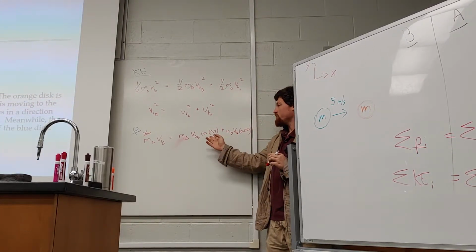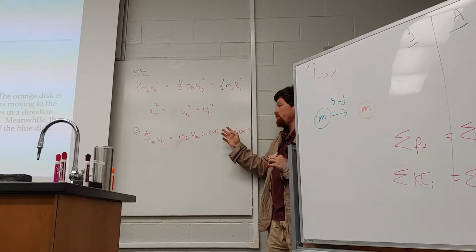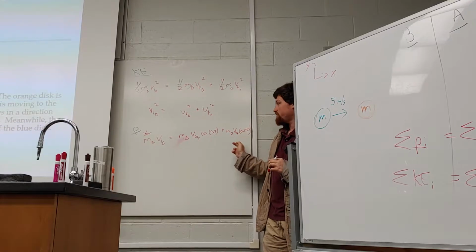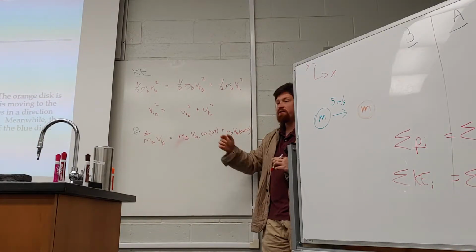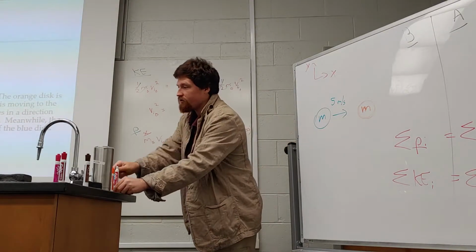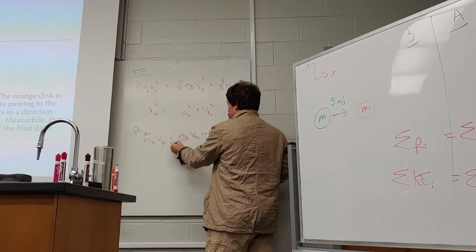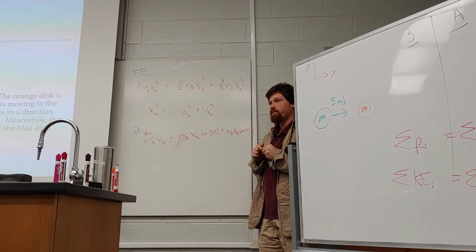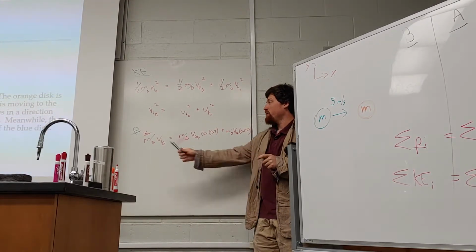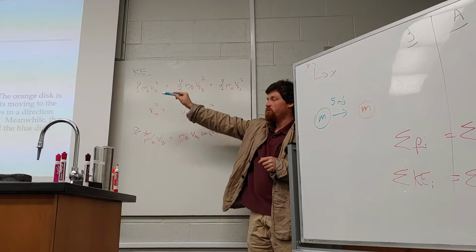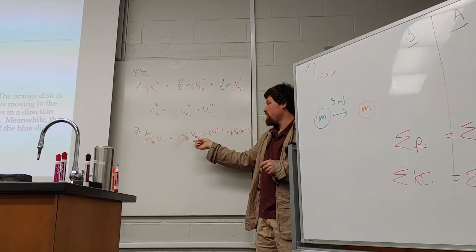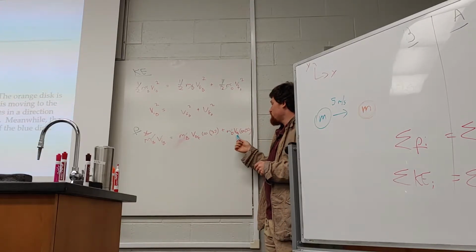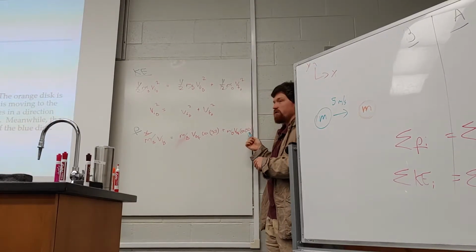Now we know the angles, we know cosine 37, we know cosine 53, so these are just constants. And because all the masses are the same, and every term has the same mass attached to it, those can divide out again. So we're left with velocity initial blue, which we know is 5 from the question, equals velocity blue final times cosine of 37 plus velocity orange final times cosine of 53.